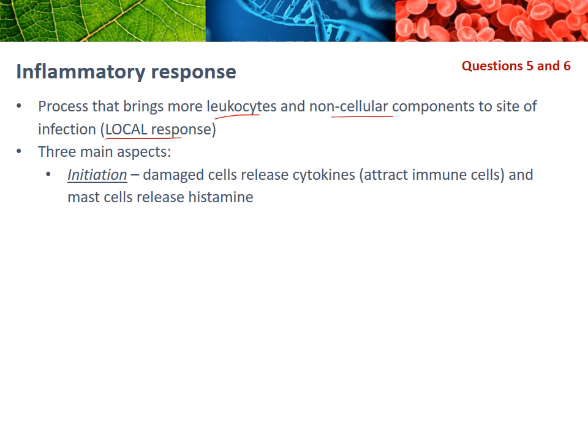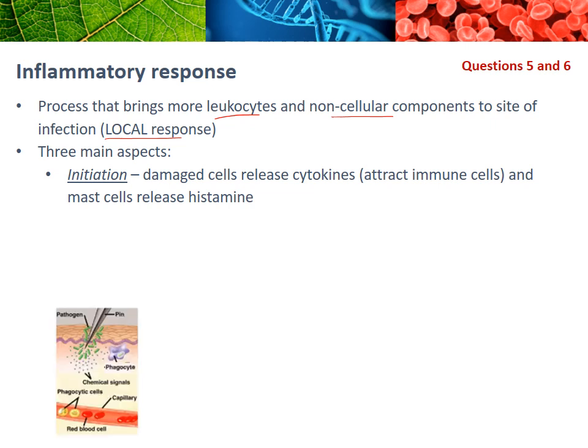So firstly, we get initiation, so the start of the response. So the cells that get damaged, so let's say we've got a rusty pin here, and this here is the skin. Okay, we've got here a rusty nail, and then we've got this bacteria on the outer surface of that pin.